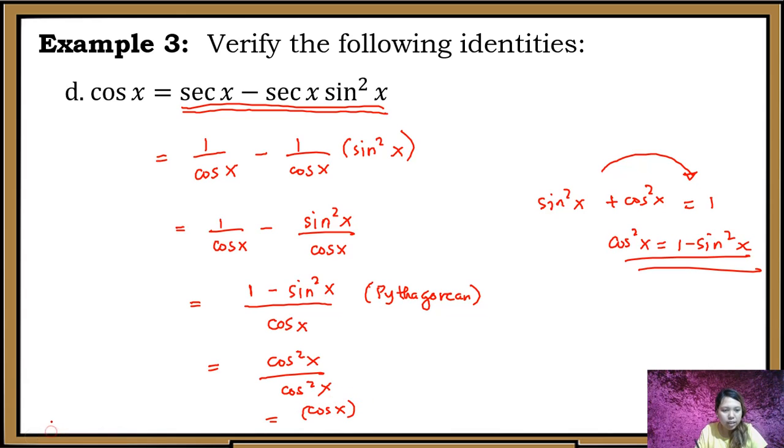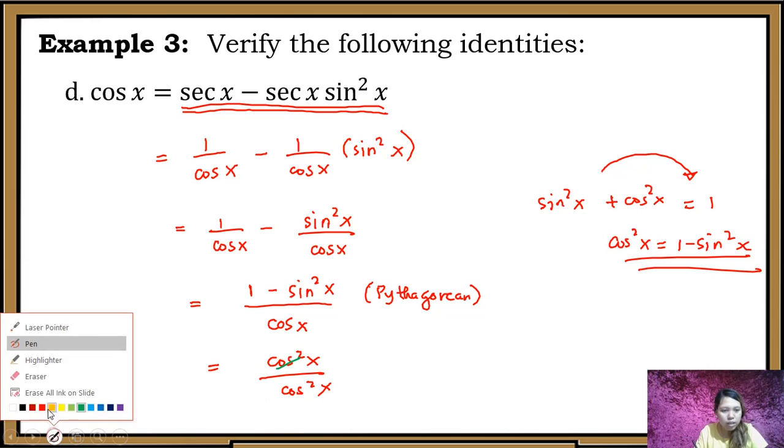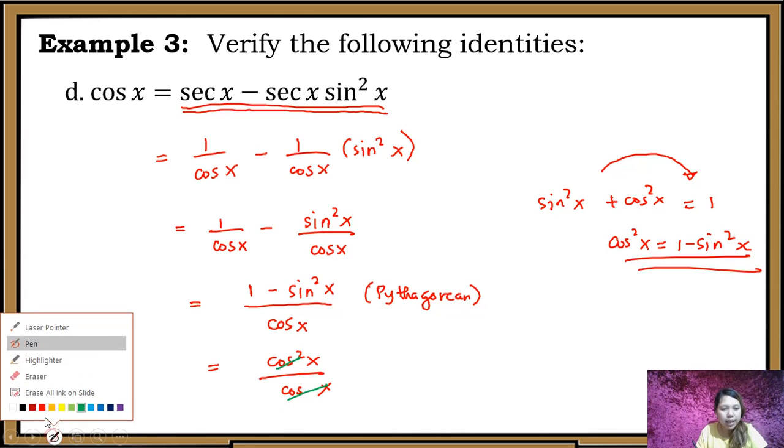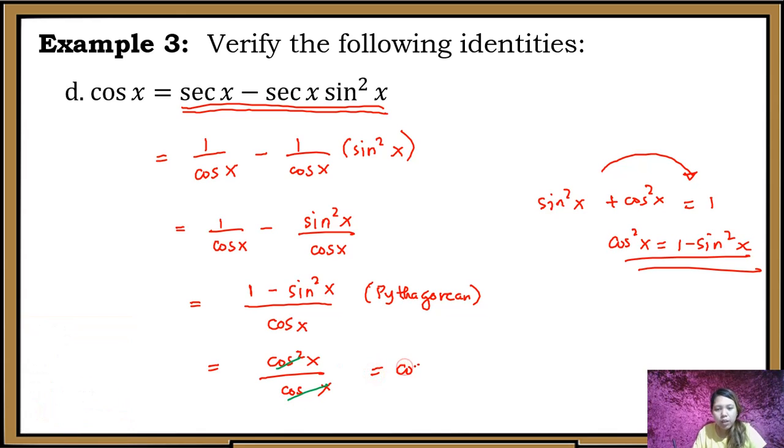Let me rewrite it again. Or we can cancel out directly, cancel out 1 and another cos x. So our final answer would be cos x, and we already verified our trigonometric identity.